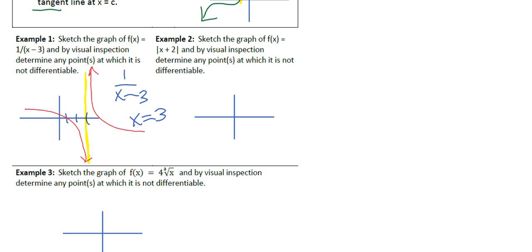Example 2 wants you to sketch the absolute value of x plus 2. Just a little mini review about absolute values: you're interested in when the inside portion equals 0. So you set x plus 2 to 0, and of course x equals negative 2 is where the absolute value function comes together. This one would look something like this.